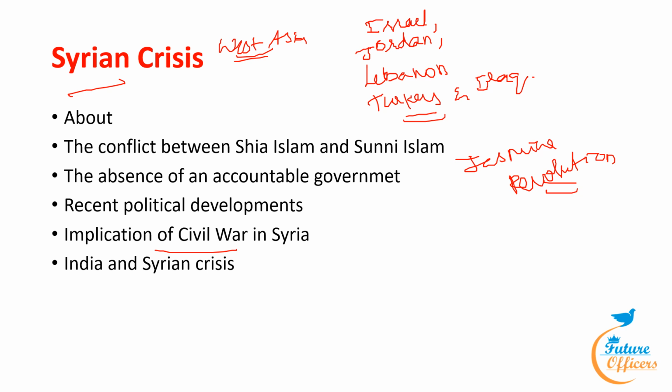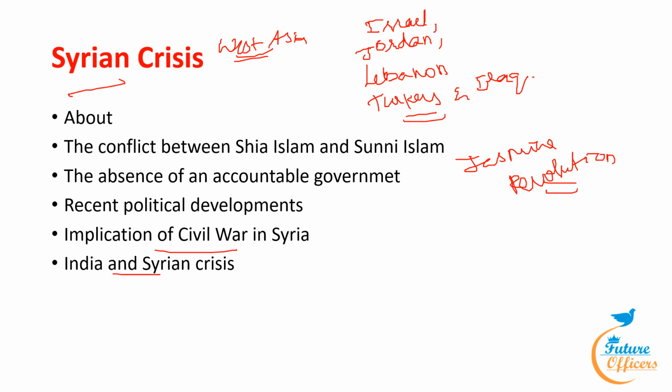Now, India and the Syria crisis. What is the relationship between India and Syria? India and Syria have historically enjoyed cordial ties, but India has consistently opposed Assad's government in a neutral manner. Trade and investment, diaspora, remittances, and energy security of the region are areas in which India has a significant stake.